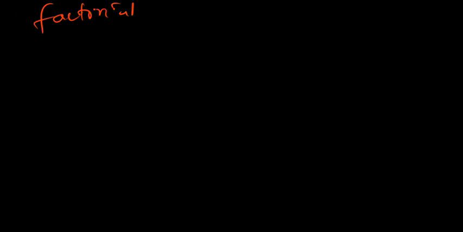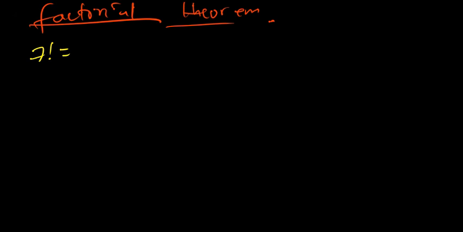This one can help you to actually prove identities, but we're not going to waste time looking at identities because it will take almost 30 minutes just to prove one identity. But guys, if I give you 7 factorial, you know that is 7 times 6 times 5 times 4 times 3 times 2 times 1.